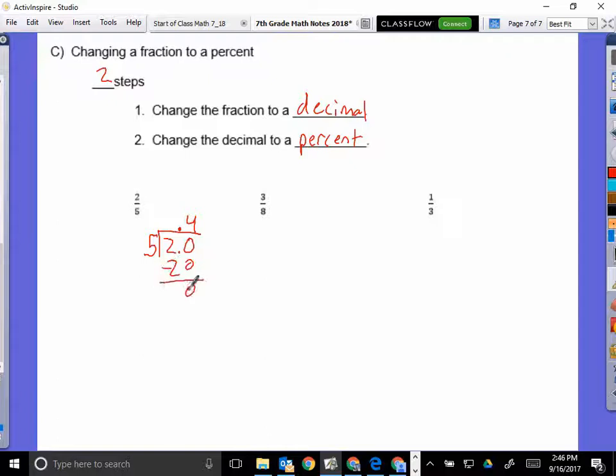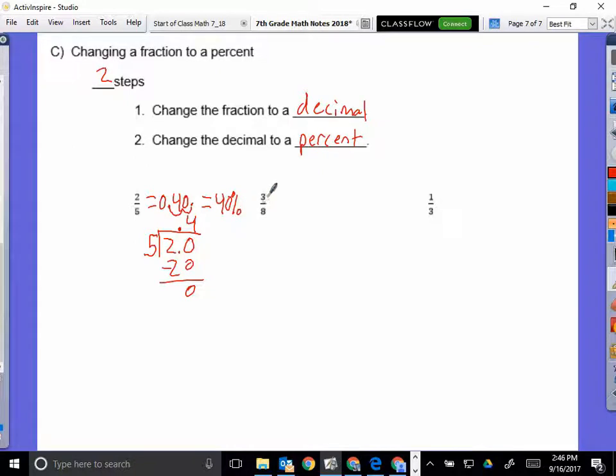Subtract that. You got a remainder of 0. So that comes out to 0.4. And then remember, to make that into a percent, we would just move the decimal point 2 places to the right, put it there, give yourself a 0. It's at the end of the number, drop it, 40%, just like that. Okay?